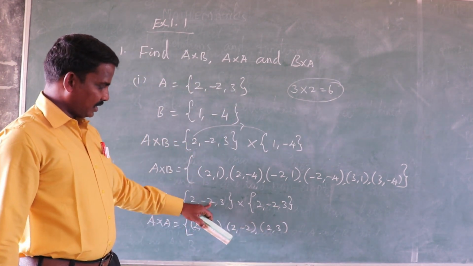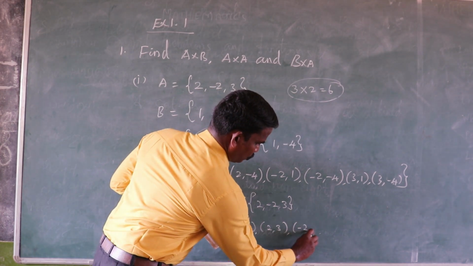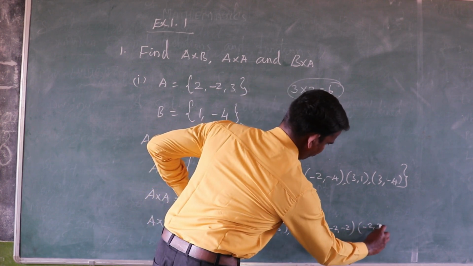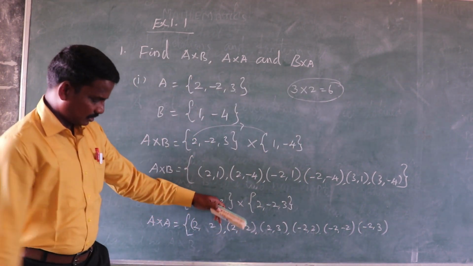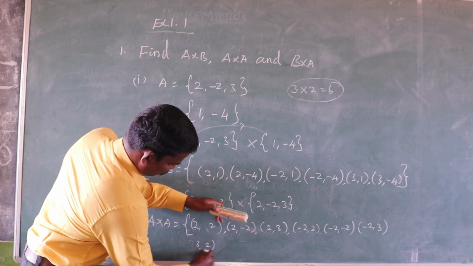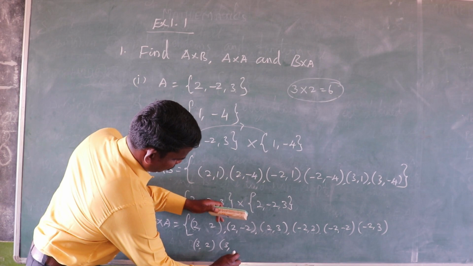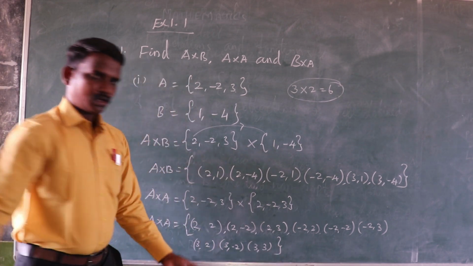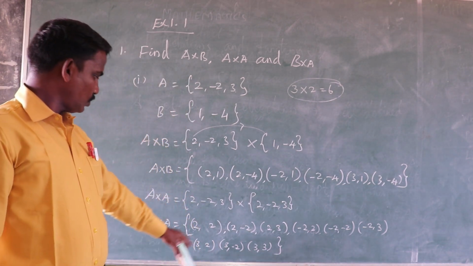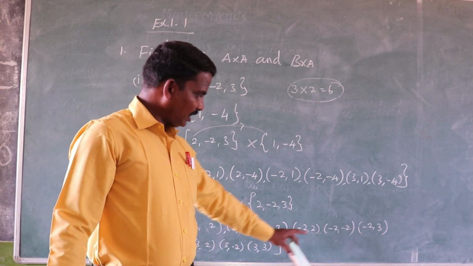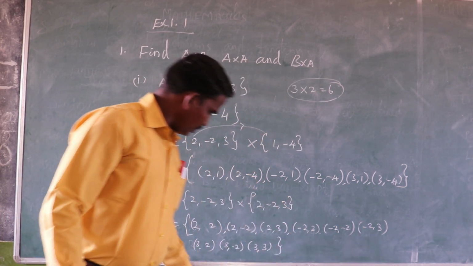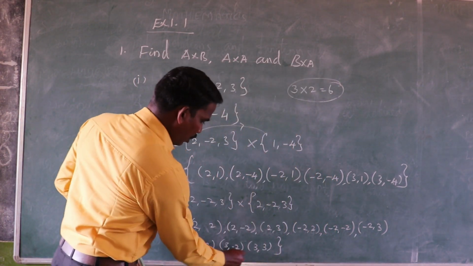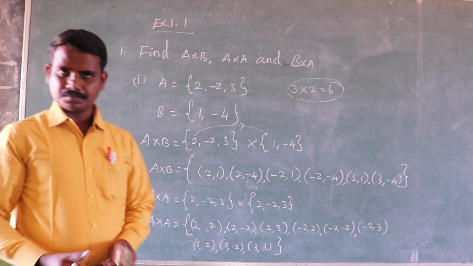Then take the second element: (-2, 2), (-2, -2), (-2, 3). And then the third element in the first set: (3, 2), (3, -2) and (3, 3). Now count how many elements in this set: 1, 2, 3, 4, 5, 6, 7, 8 and 9. So we have written all the ordered pairs; that is A cross A.